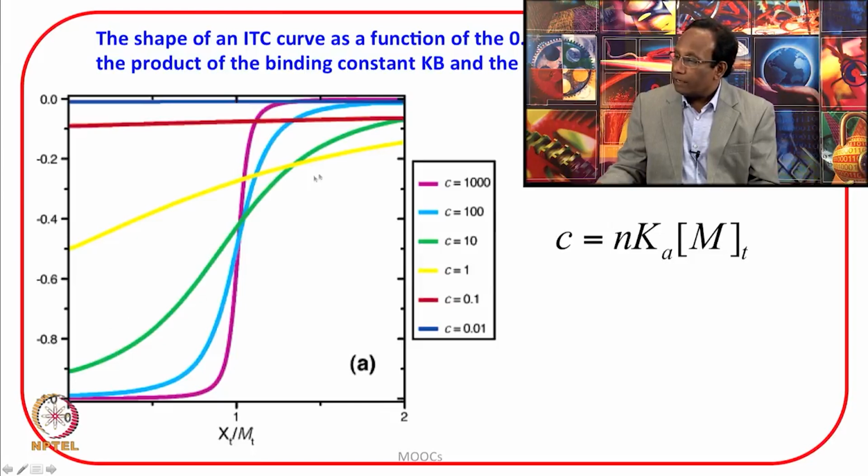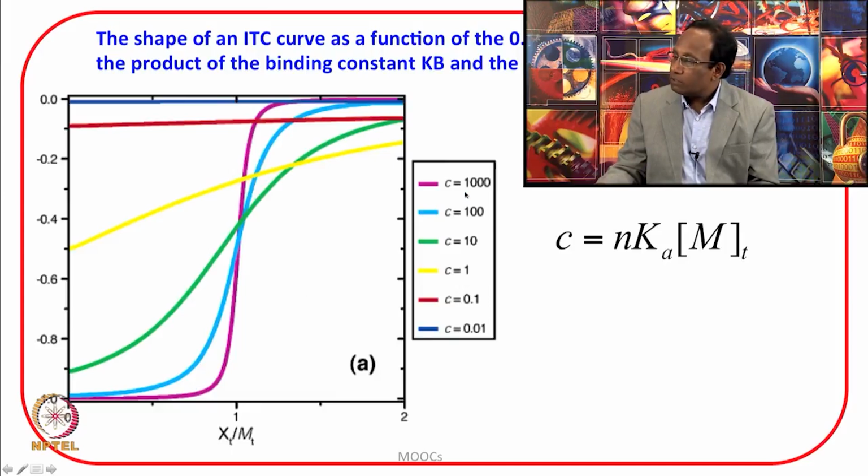When C is equal to 10, a reasonably good isothermal titration calorimetric profile can be obtained, where you have a good amount of data in the pre-saturation region and towards the saturation and intermediate, where the binding sites are getting filled. For a C value of 100, which is bluish line, this is also a very good isothermal titration calorimetric profile.